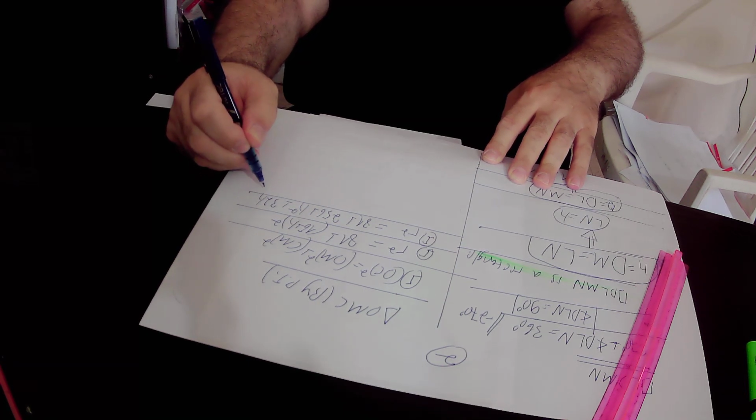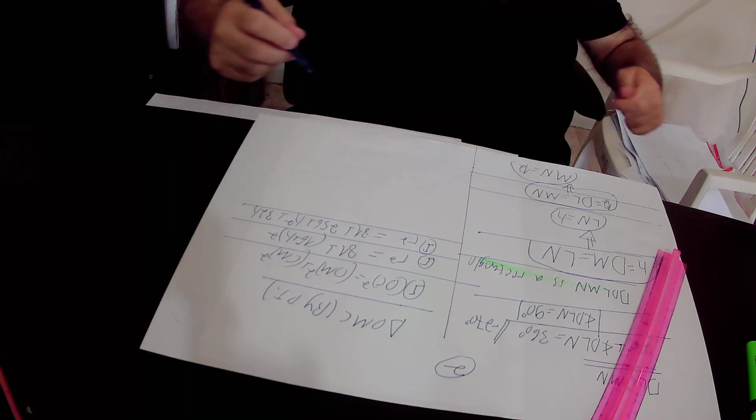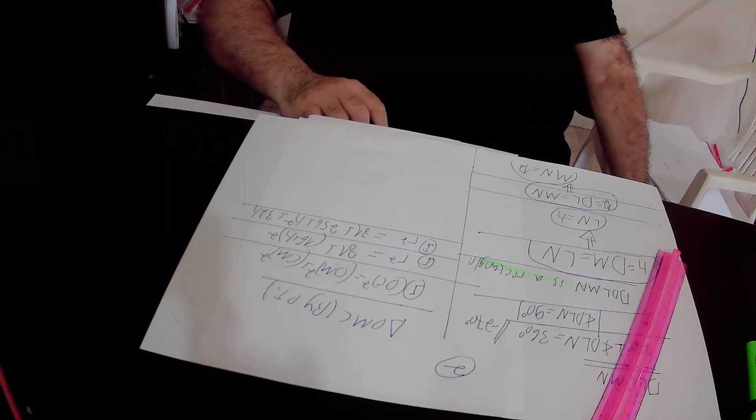So in conclusion, we found out that according to equation number 1, R squared equals 81 plus 256 plus H squared plus 32H. Okay?